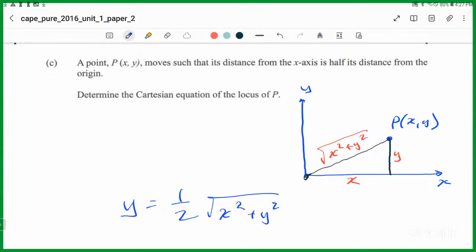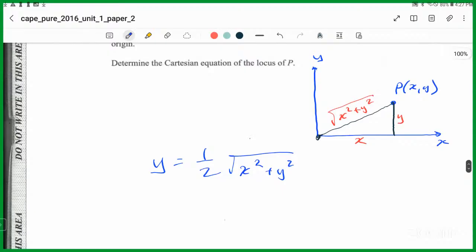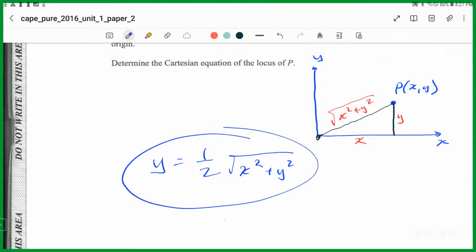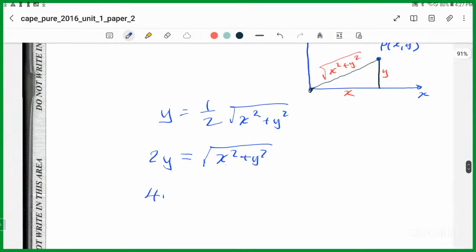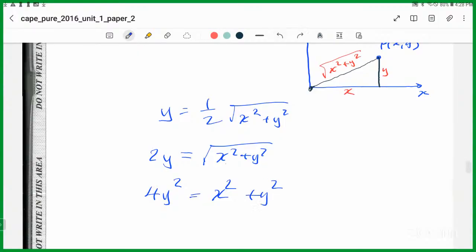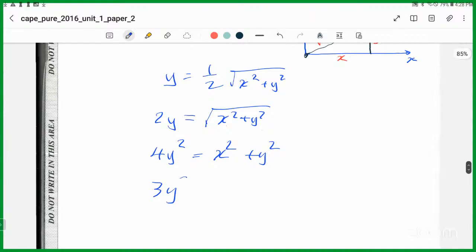That's the locus. You can simplify it. Put 2y equals the square root of x squared plus y squared. Then square both sides, you get 4y squared equals x squared plus y squared. Subtract the y squared, we get 3y squared equals x squared. That's the answer.